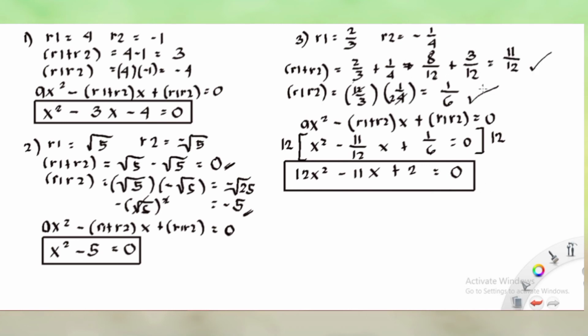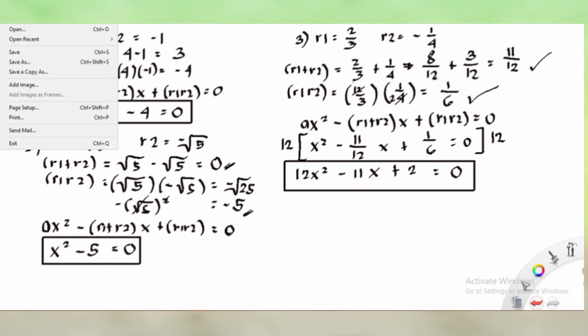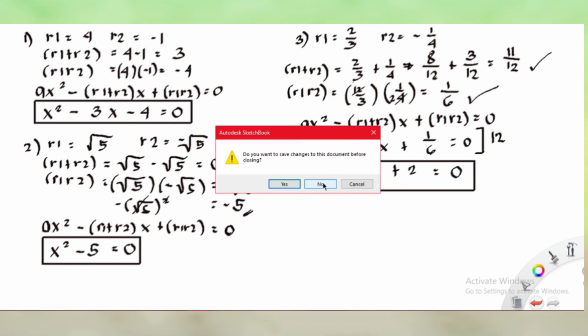and negative 1/4. Let's have the fourth example. Okay, the fourth example, the roots we have are: root number 1 is 3 plus the square root of 2. There's a radical. And then the second root is 3 minus the square root of 2. Let's have the sum, R1 plus R2.